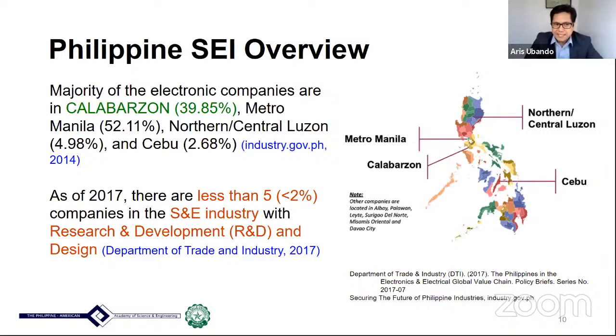As of 2017, out of all these SEI, there are less than 5 companies in the S&E industry which have a research and development department that focuses on R&D and design of packages. So mainly the business is really towards assembly and test, or subcontracting the assembly of electronics and semiconductor packages.